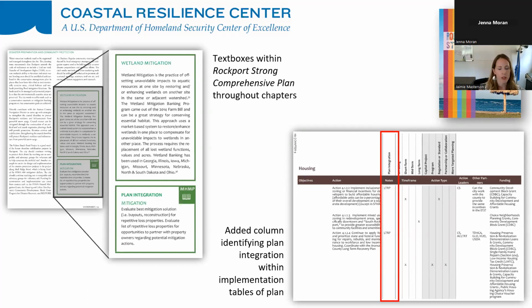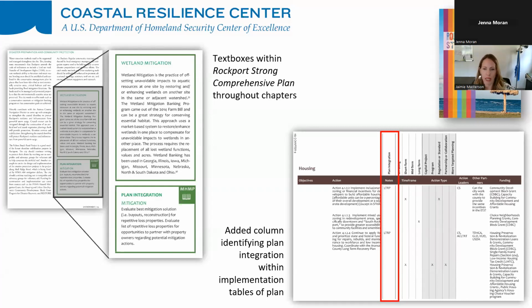And it also helps with turnover of elected officials. It continues to provide justification and some of that continuity. So if the winds change and there's a different political climate, it's all still documented and codified right there. And you can say that, no, this does matter because we've been talking about this in many different plans over many different years.